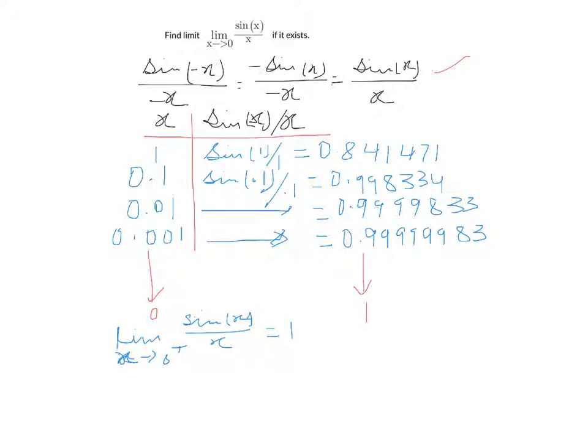Now if we want to find out the left hand limit, we will take the values of x approaching 0 from the left, so there'll be negative 1, negative 0.1, negative 0.01, negative 0.001. And this observation shows that we will still get the same table here.